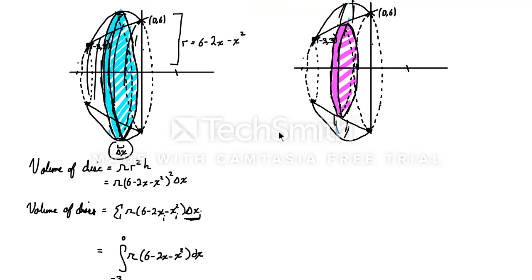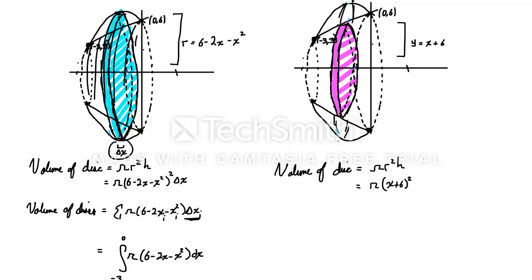The volume of the purple disks I've drawn is also given by pi r squared h, the definition. But this time, the radius is a little bit smaller. It's given by the line y equals x plus 6. So the radius is represented by (x plus 6) squared.